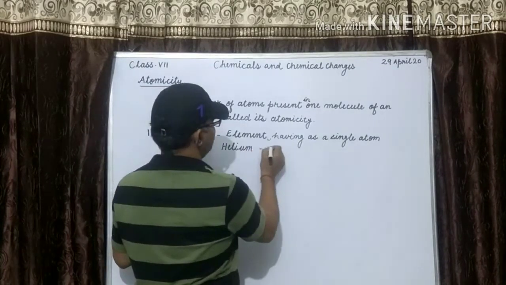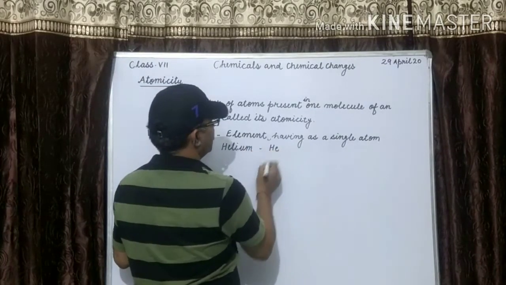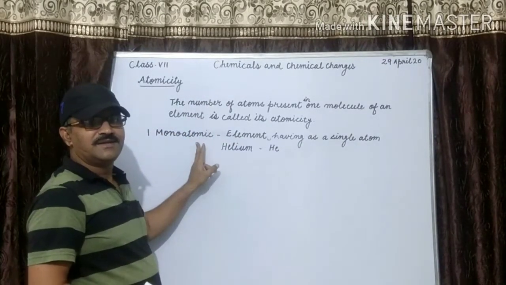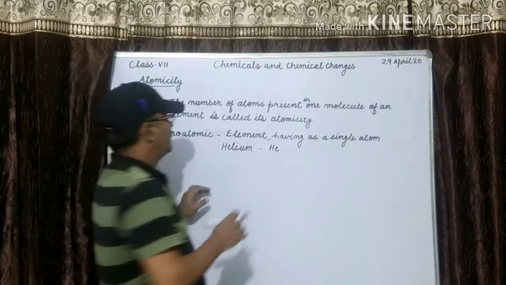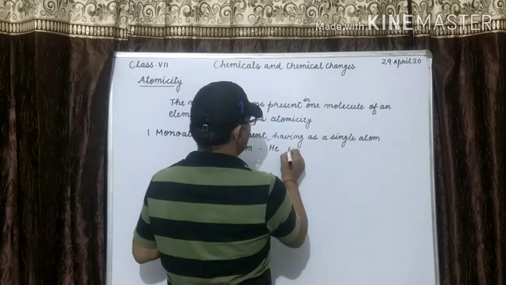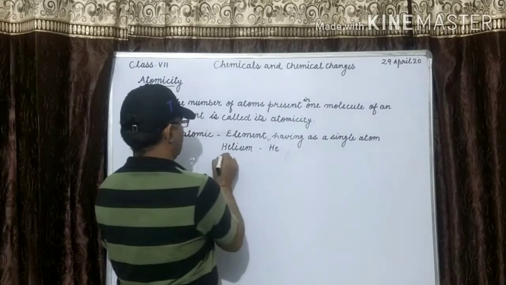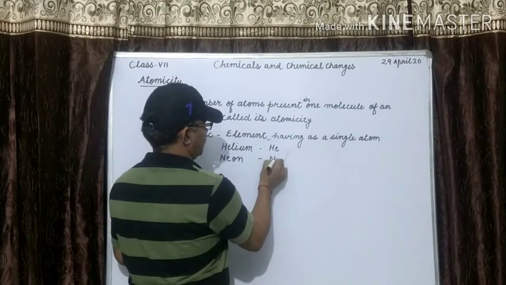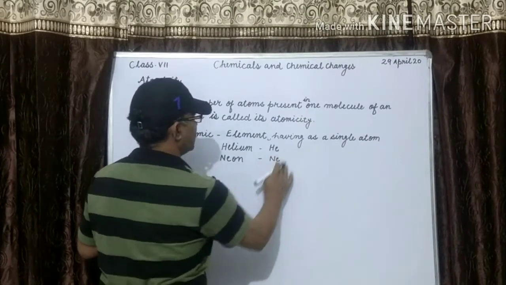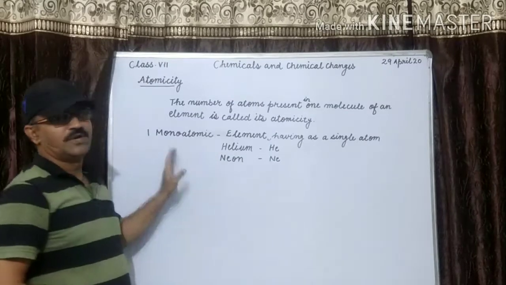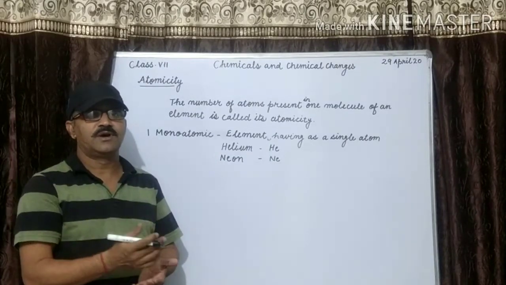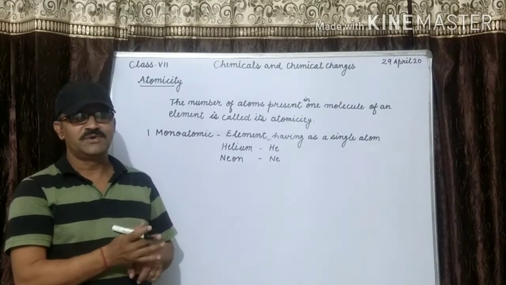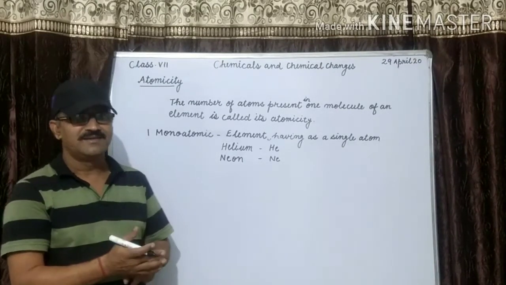What is the formula of helium? He. What is the atomicity of helium? 1. It is helium, neon, Ne. This is monoatomic. Can you give some other examples? Helium, neon, sodium, iron.